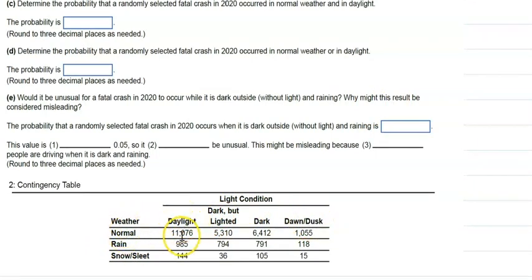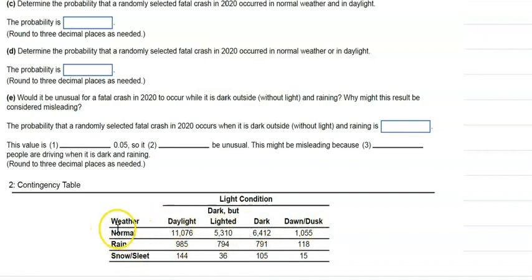I should say this is light condition here, and in normal weather, this many in daylight, that many fatal accidents, and in normal weather, in the dark light condition, that many fatal accidents. So it looks like 15 car accidents occur in snow condition in the dawn. So the question here doesn't have a total.